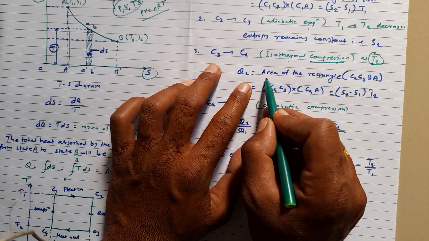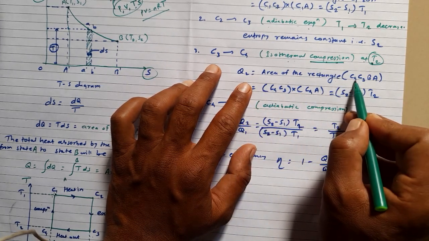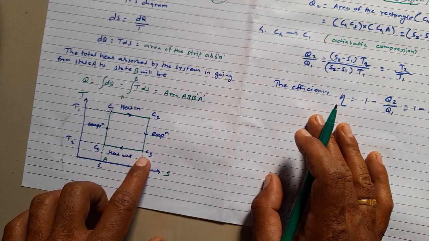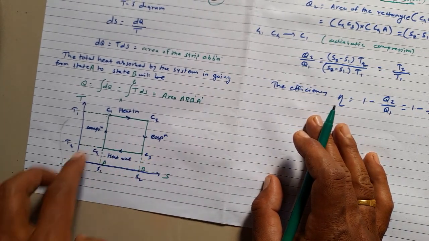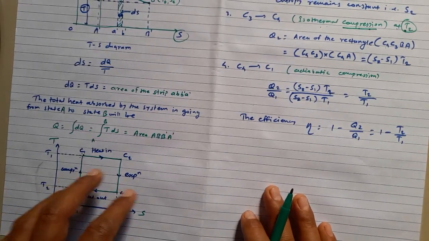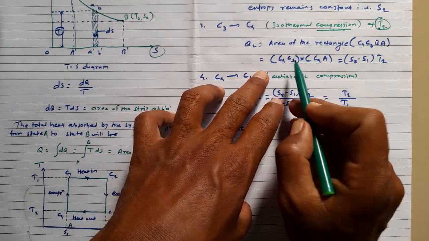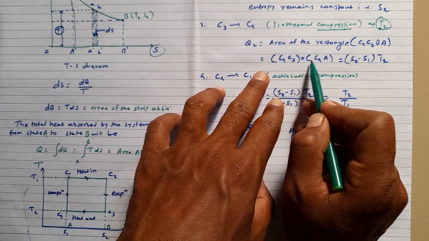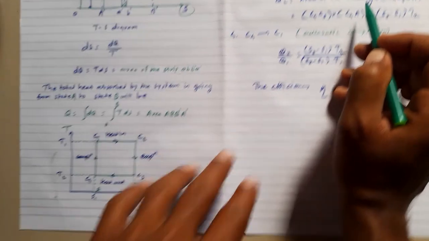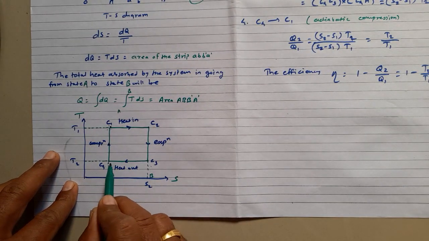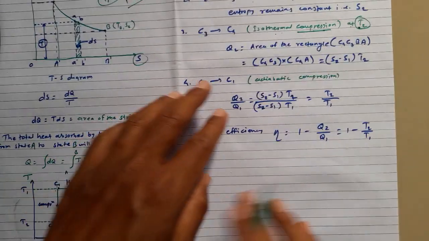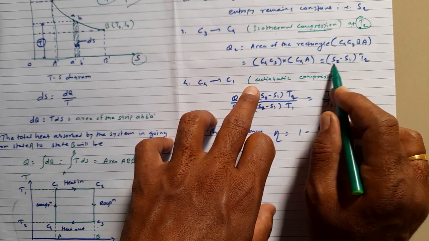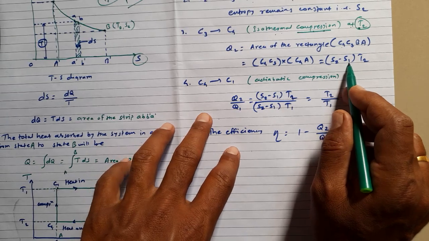So Q2 is equal to the area under the rectangle C4 C3 B A. So the area under this is nothing but the amount of heat given out. This is the rectangle, this length into this length, so S2 minus S1 into T2. The amount of entropy change is S2 minus S1.